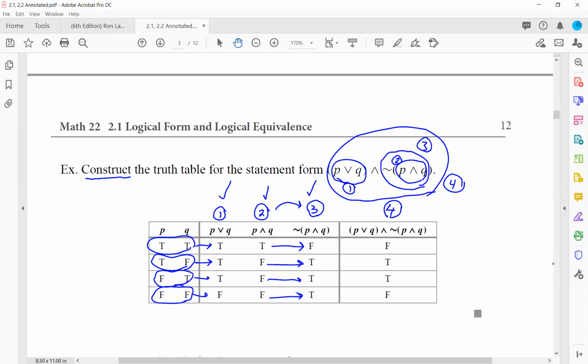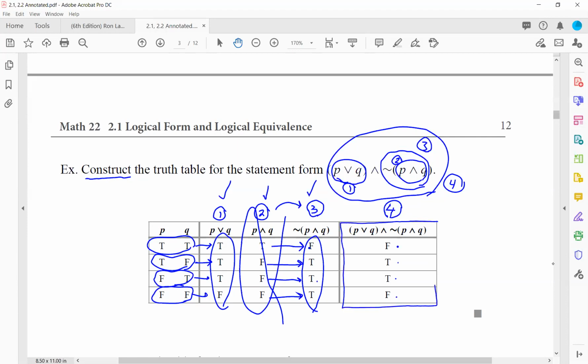So you can just forget about the middle statement here and just combine this column and this column. What's the connector? The connector is and. True and false, false. True and true, true. True and true, true. False and true, false. So the last column shows the truth table for this compound statement.